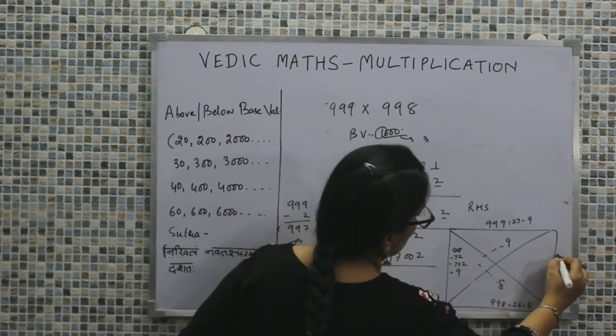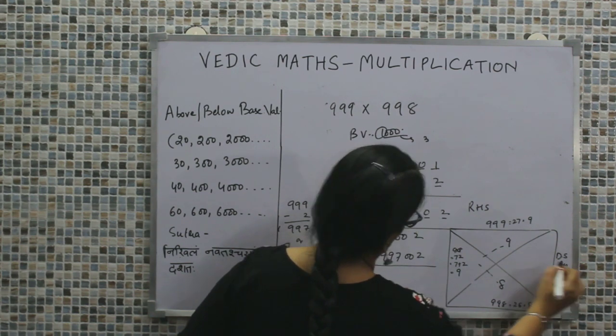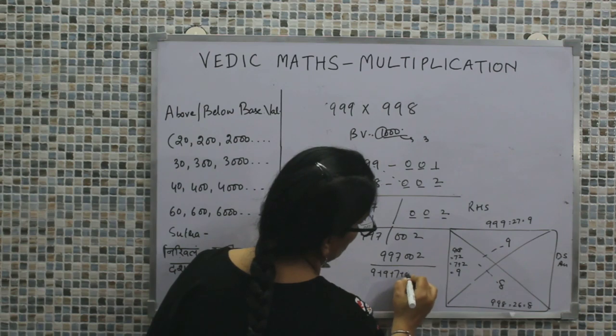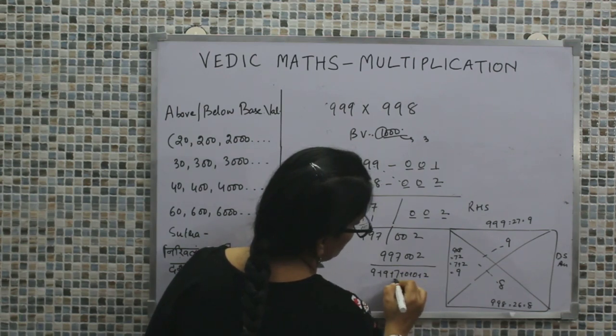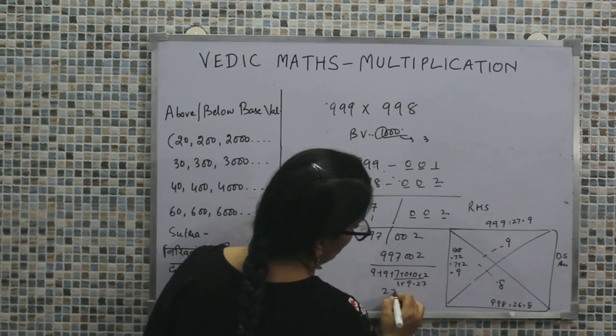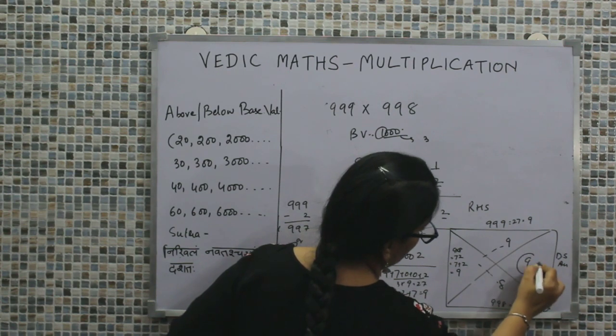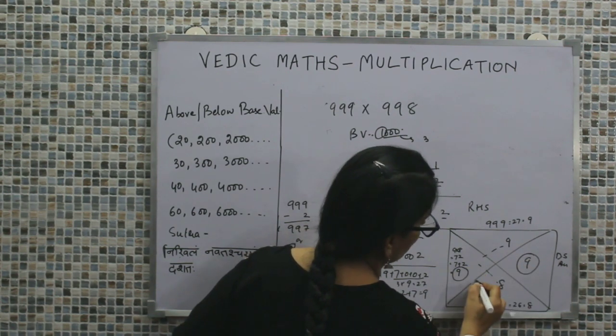Making out the digital sum of the answer, it will be 9 plus 9 plus 7 plus 0 plus 0 plus 2. So that is 9 3s are 27. 27 means 2 plus 7, and 2 plus 7 means 9. It is matching. It means we have calculated it right.